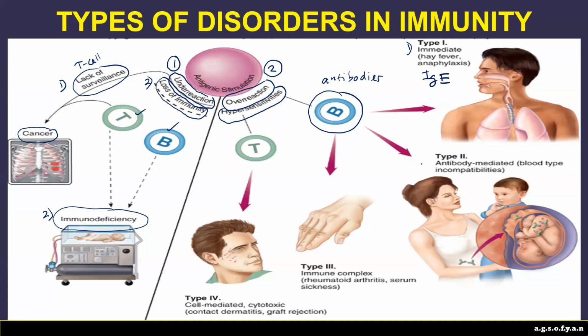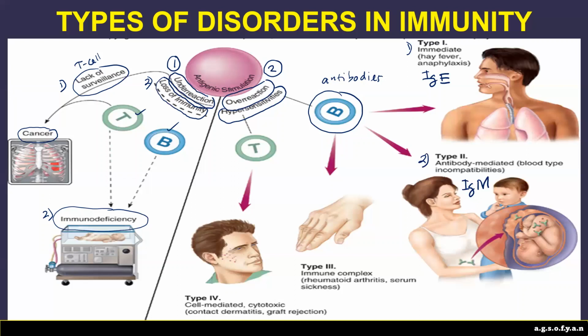The second type is called type 2 hypersensitivity. And this is mostly caused by the IgM. Remember, there are 5 types of Ig: IgG, IgA, IgM, IgD, and IgE. So for type 2, the one that is really hyper-reactive is the IgM. An example is blood transfusions.